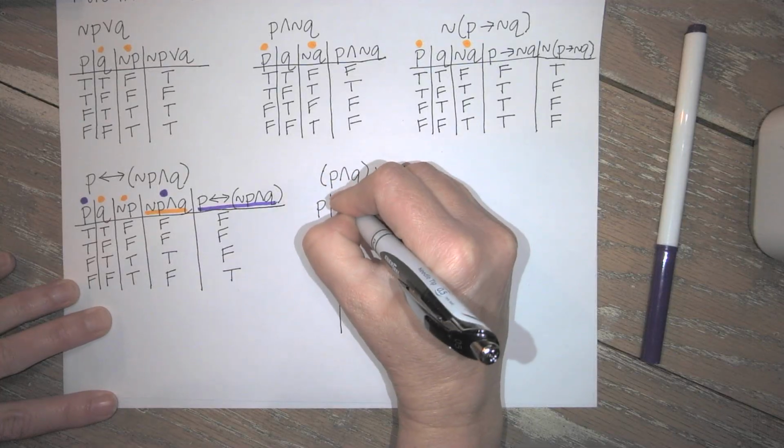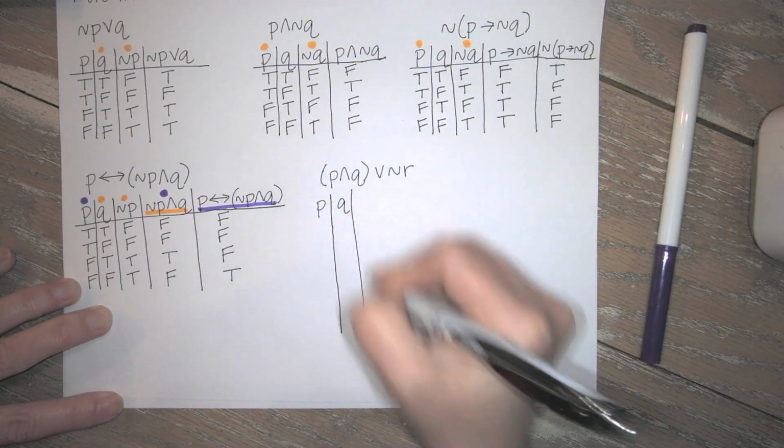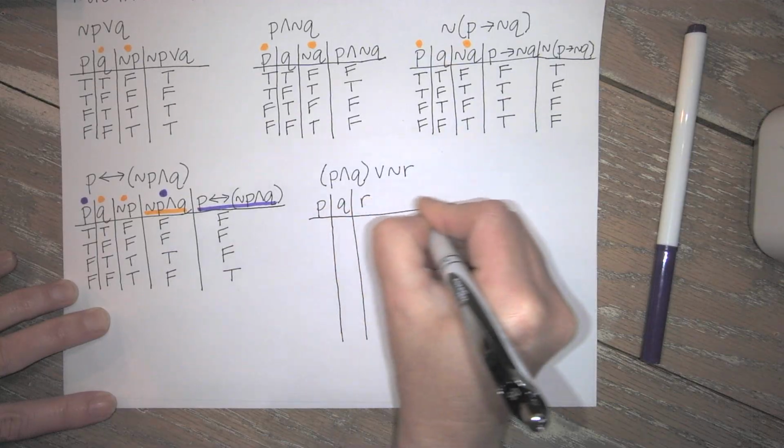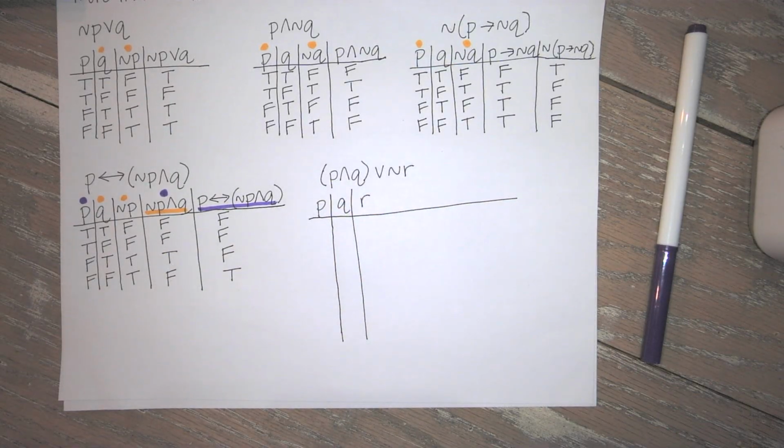In fact, you're going to have 8 possibilities for the truth values of P, Q, and R. Now again, the order that you put these in does not technically matter, but I find that it's easier if you memorize a way to list them so you know you're not leaving any out, and then it's easier to do it the same way every time.